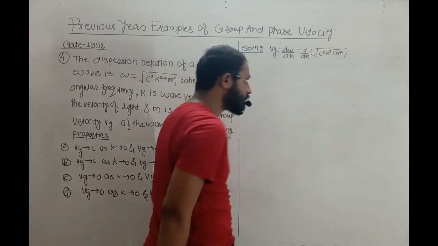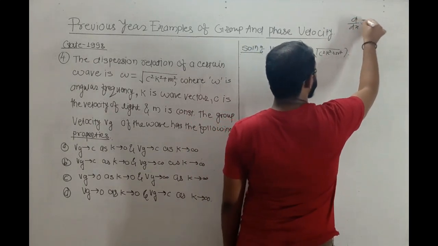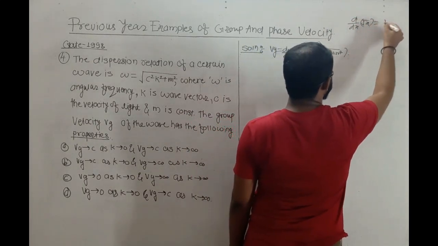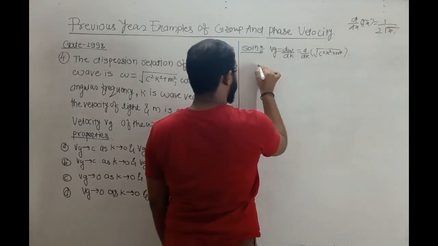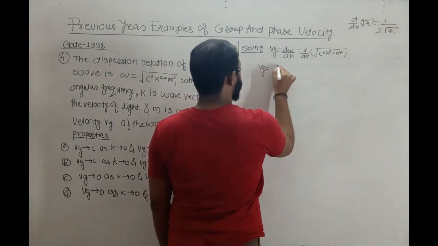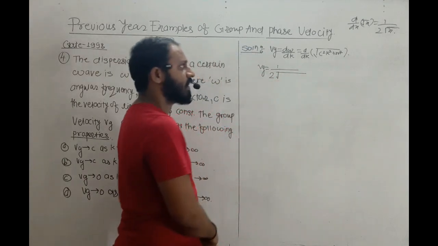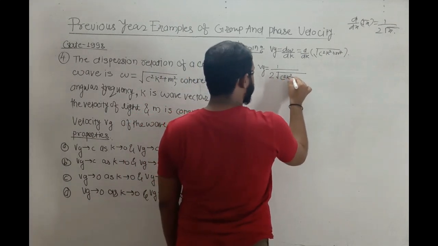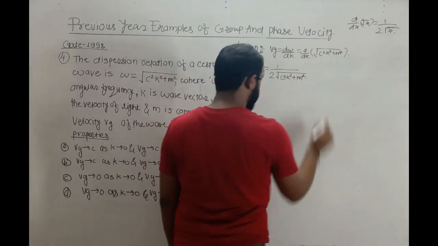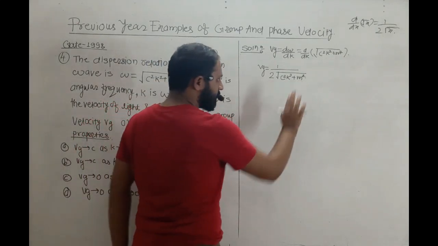Now see, what is the derivative of root x with respect to x? 1 upon 2 root x. So Vg equals 1 upon 2 root of, in place of x, c square k square plus m square. But now there is an inner function, c square k square plus m square.